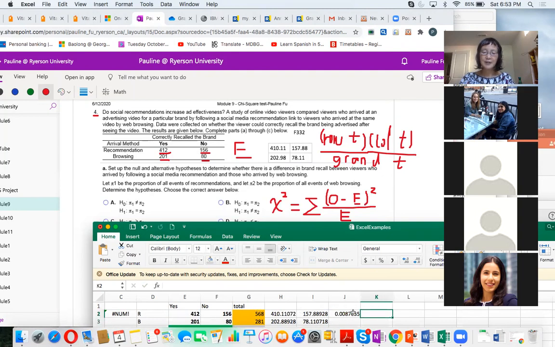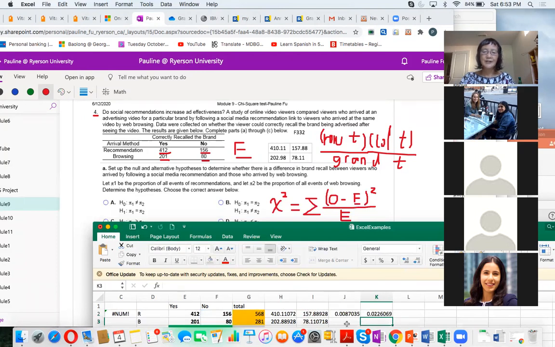For other chi-square values, equal observed 156 minus expected 157, squared, divided by expected. Again, this is a chi-square value.